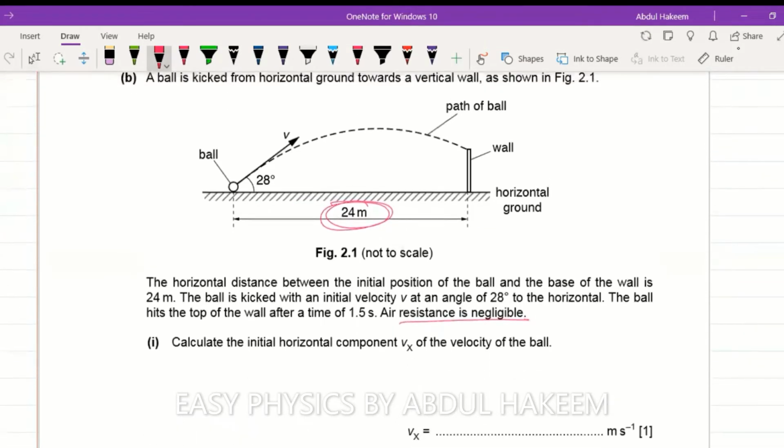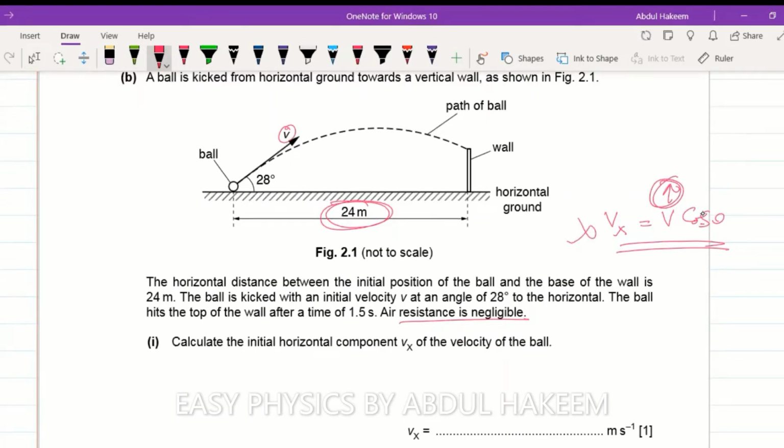Okay, so the formula for the Vx, which is very common, is V cos theta. But the problem is the resultant velocity with which it's thrown is not mentioned here, so we can't use this formula.